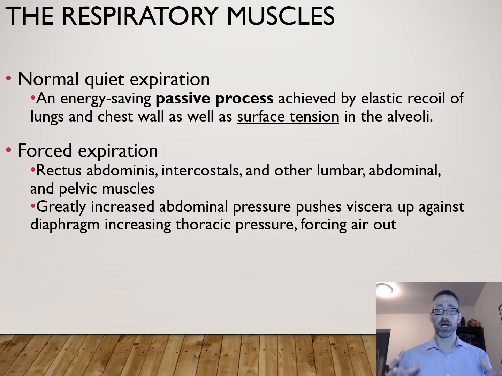It'll all recoil back to its starting position, or its equilibrium position, if you will. Of course, if we do a forced expiration, we're involving all the muscles that I've already mentioned, so contracting the rectus abdominis and the obliques. These will help to force the air out if needed. And in certain pathological conditions, you may see that occurring when patients are forcefully trying to get air out against an obstructed airway, for example.